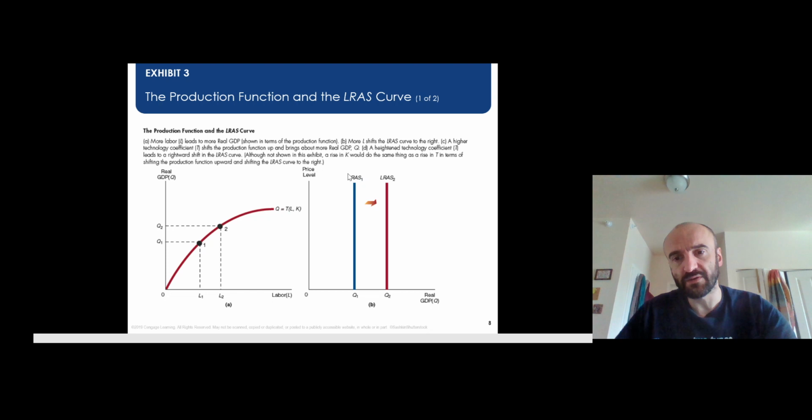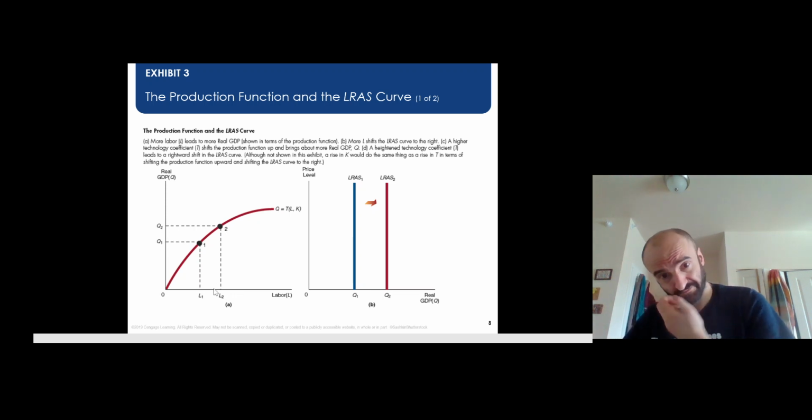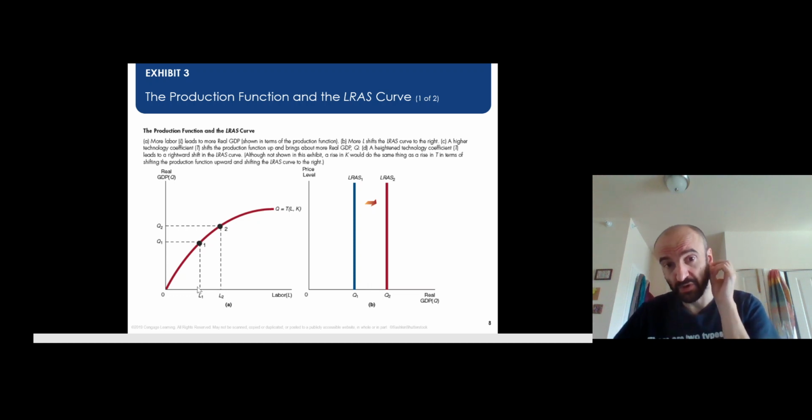If we want to connect our aggregate supply, aggregate demand framework we discussed thus far to the production function analysis, what we can do is to say that if you go from Q1 to Q2, by increasing the amount of labor, let's say from L1 to L2, you move along the given production function, then the long run aggregate supply curve will shift from Q1 to Q2.